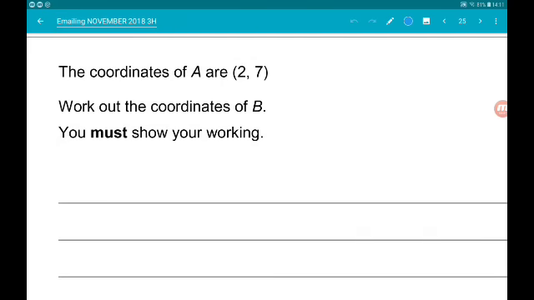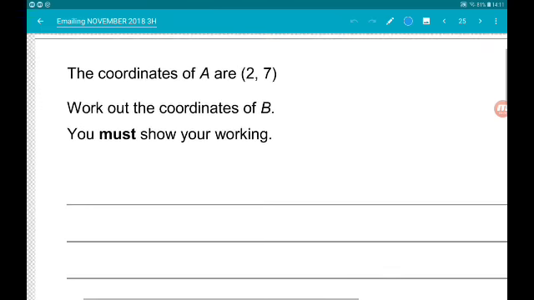Okay, so then we're told for part B, and 5 marks, the coordinates of A are 2, 7. Work out the coordinates of B. Okay, so what this is telling us is that we know that point A is a point on the line y equals 3x add p.